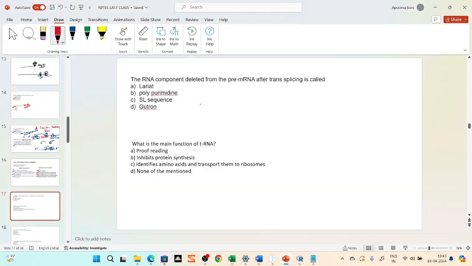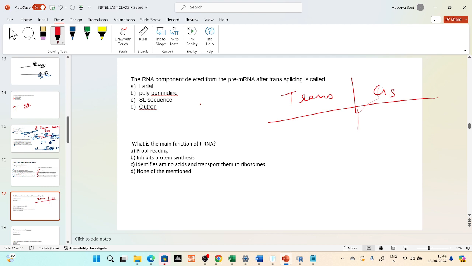Fine. So we have dealt with two kinds of splicing. One is trans and the other one is cis splicing. Now, what is the difference between trans splicing and cis splicing? In cis splicing, whatever splicing machinery and whatever splicing is taking place, it is within the same mRNA. But trans means it is acting on a different mRNA.